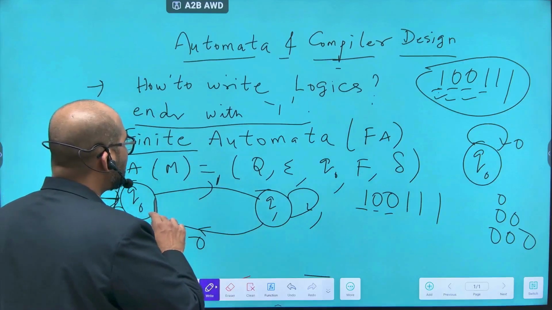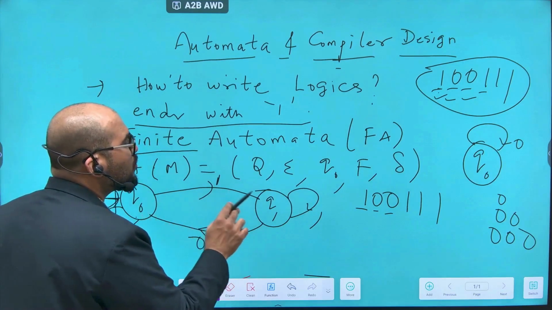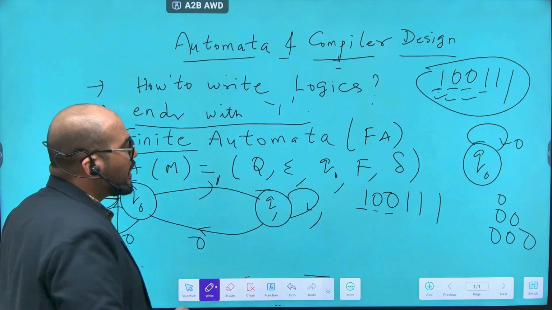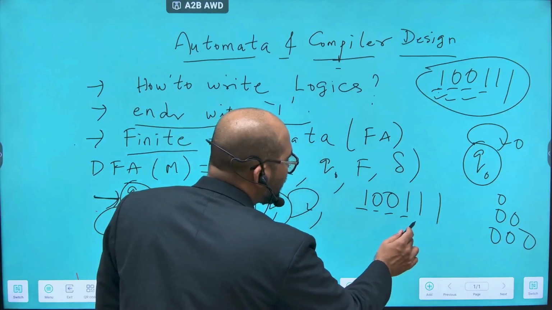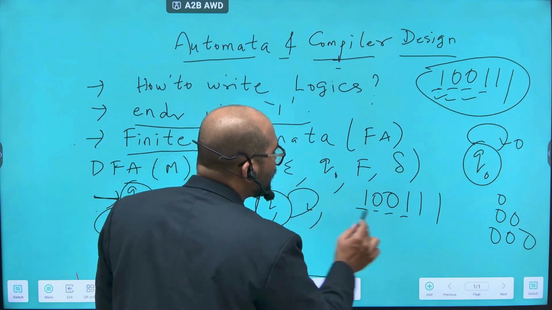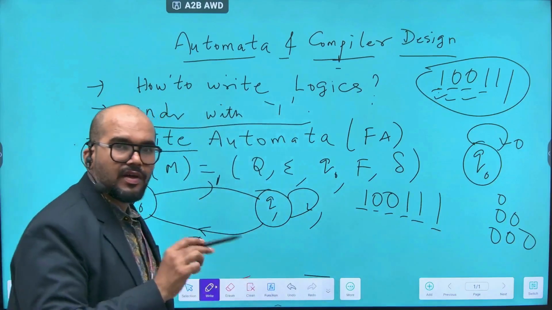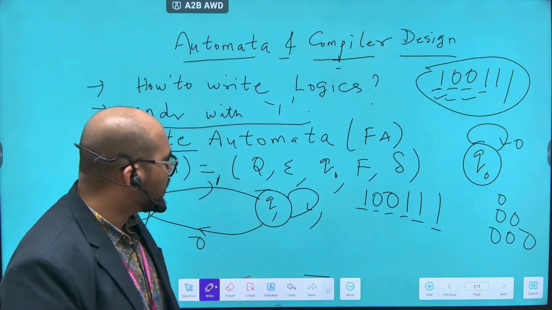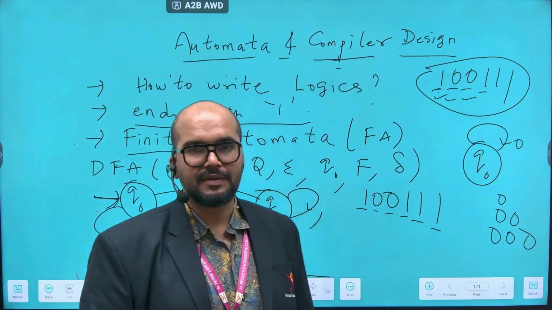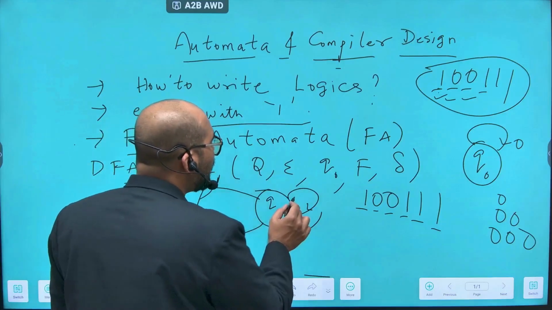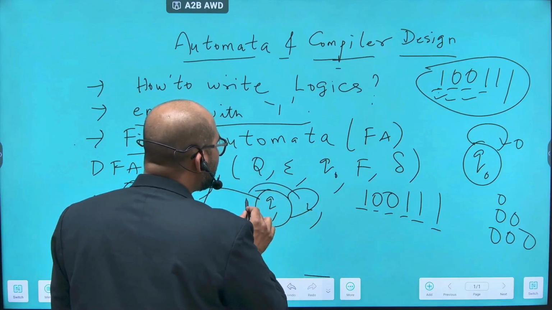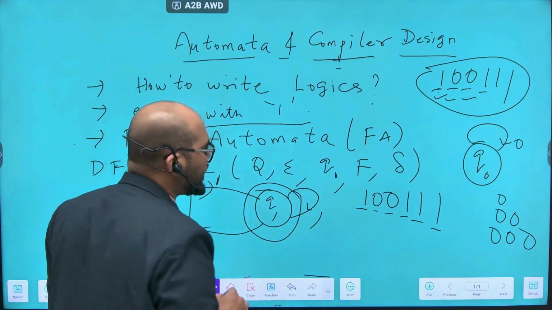Next, with input symbol 1, Q0 moves to Q1, and we have a self move for Q1, so with this 1 it moves to itself twice. So the logic is satisfied and ends here. So we treat this Q1 as the final state.